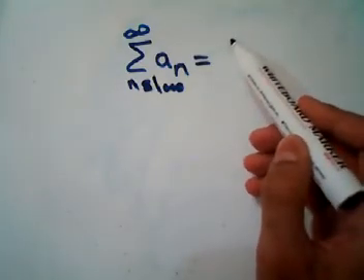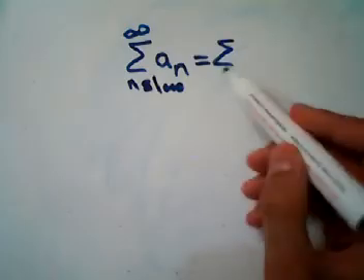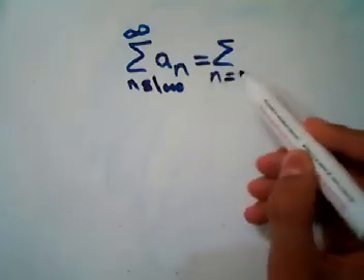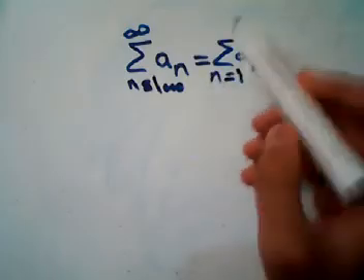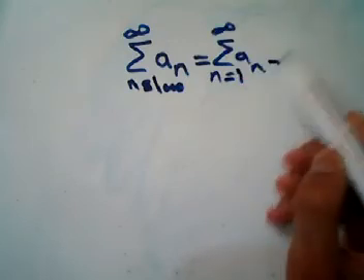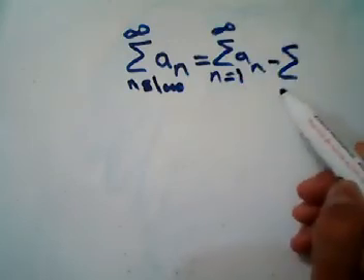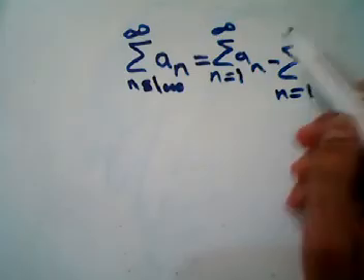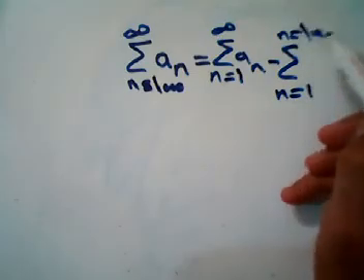This is equal to this, a n minus 1, n equals to 1000.